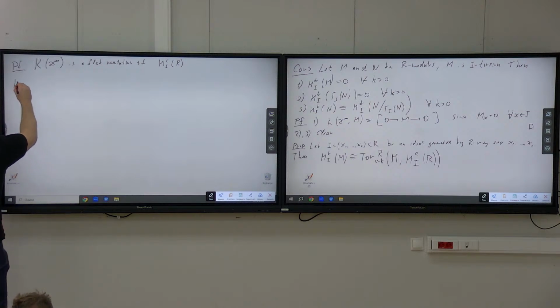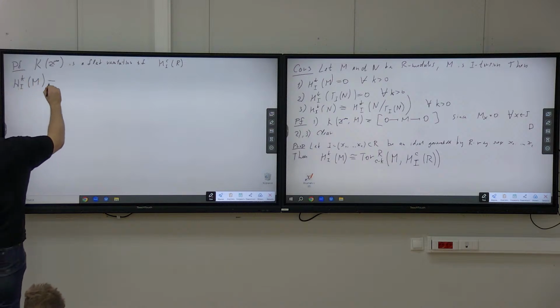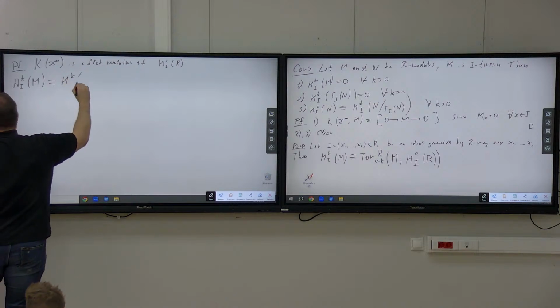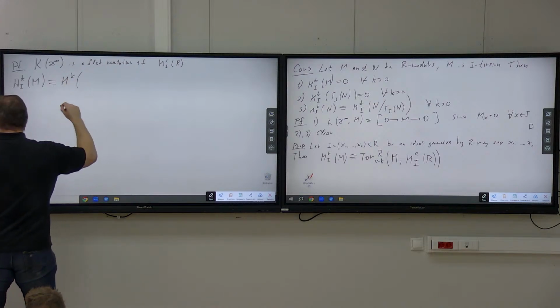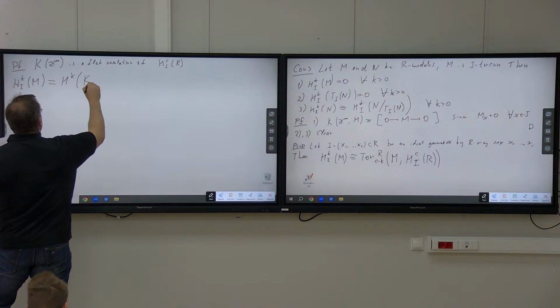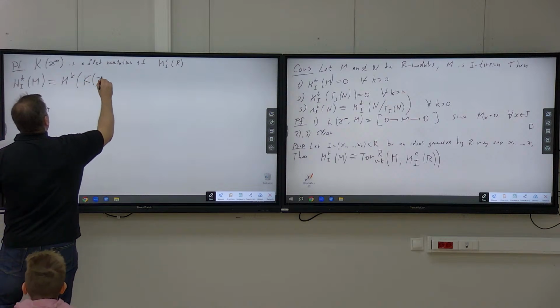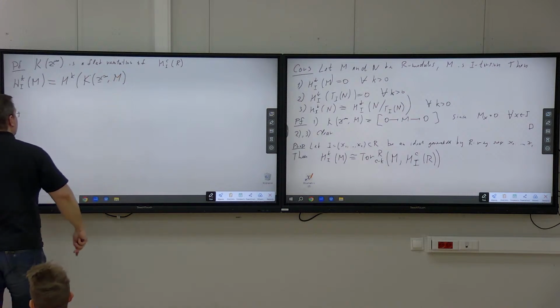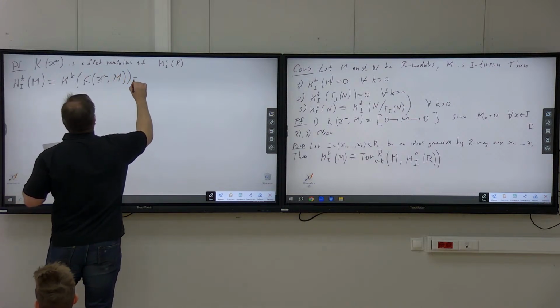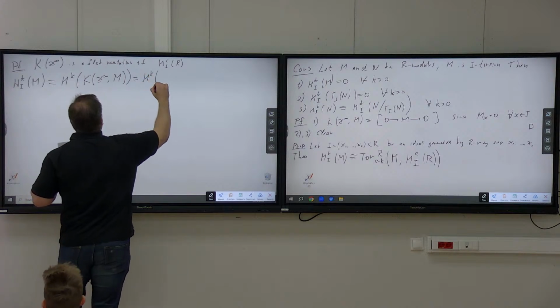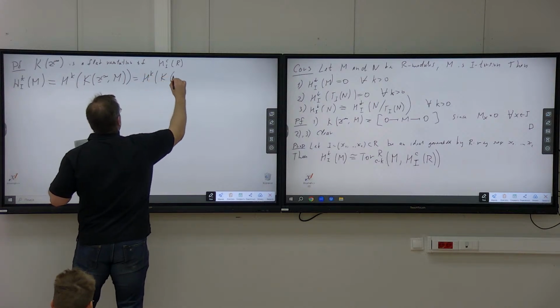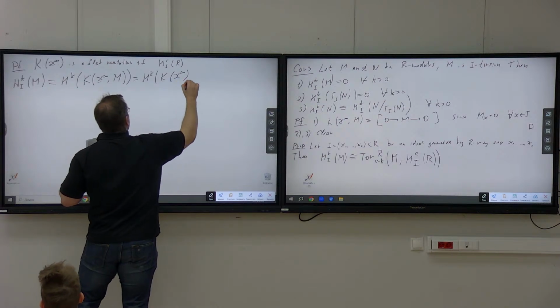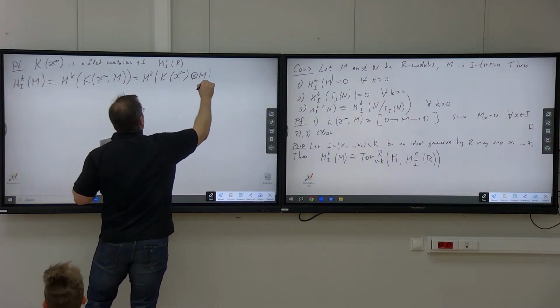Okay, now looking at the Čech homology. Check the homology with coefficients in M. We know that this is by definition just the stabilized Čech complex with coefficients in M, and we take the homology, but we can also write this as the tensor product of the stabilized Čech complex and M. Right?